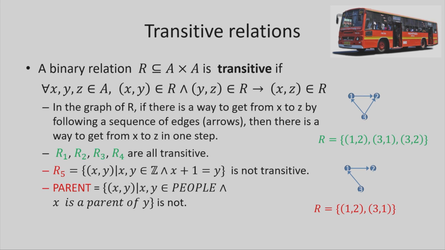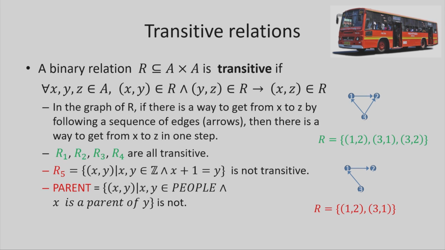You can get from downtown to the airport by bus because you could go to MUN, then switch from bus number 10 to bus number, whatever it is, 14, and get to the airport. So the relation of getting there by bus is transitive. If you could get from point A to point B and from point B to point C, you could get from point A to point C. I'm not talking about bus connections. I'm just talking about getting there eventually.